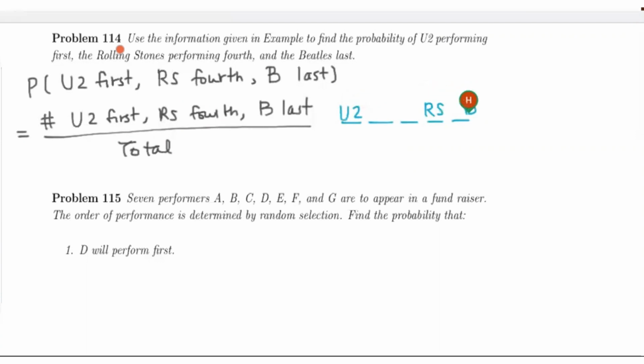So we have two remaining groups, Aerosmith and the other one, so there are 2 ways. This is the event. For the total, no restriction: 5, 4, 3, 2, 1. Remember, for the total we have no restriction. So compute this: 2 over 120, which is 1 over 60.